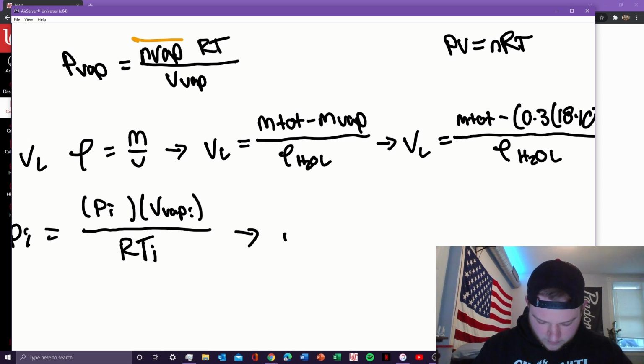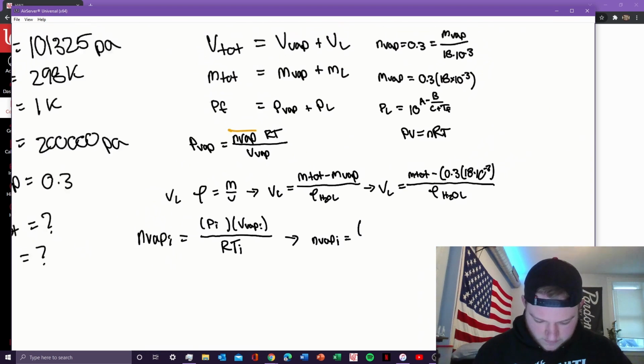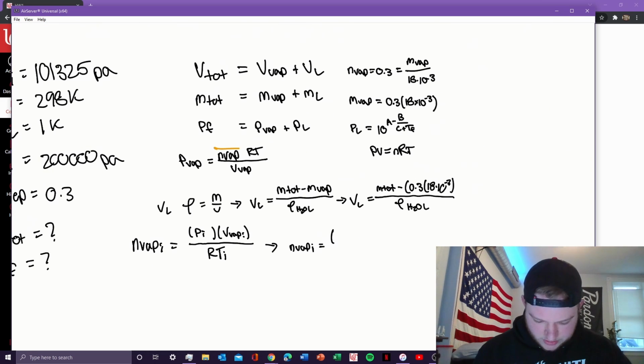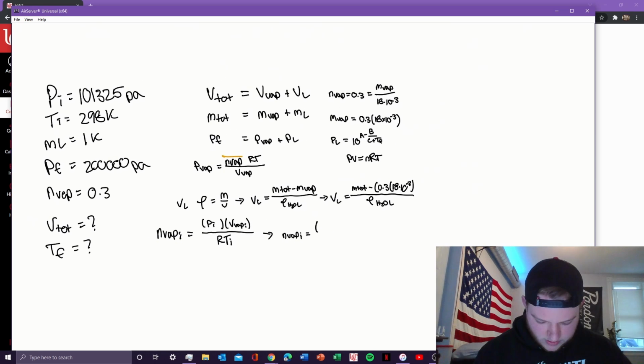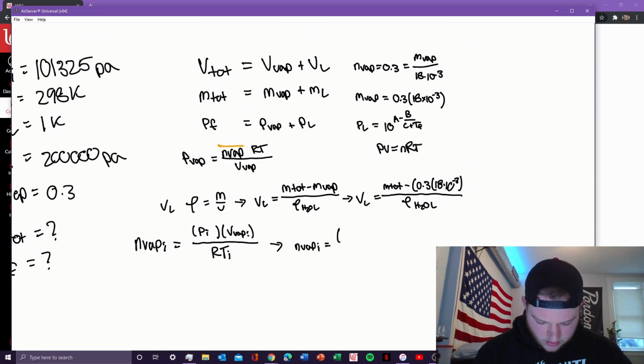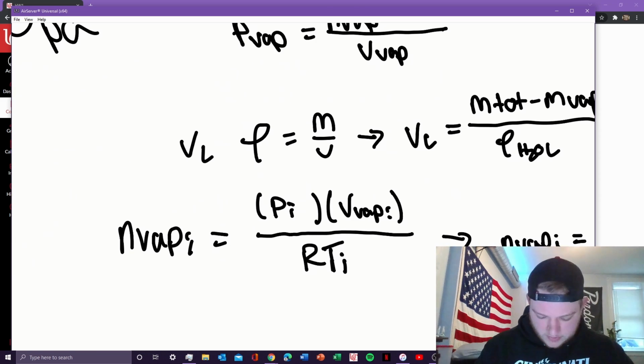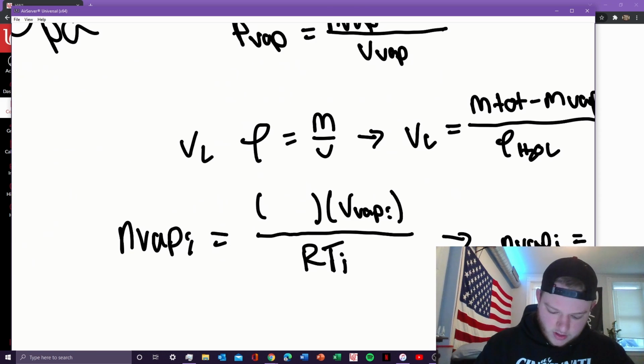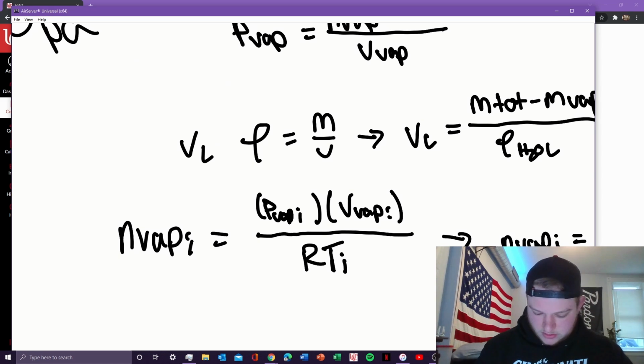So moles of vapor initially is equal to the pressure initially is going to be, no, I don't want pressure. I'm sorry. I was thinking about this, and it doesn't seem right, because it's not right. This is pressure vapor initially, not just pressure initially.